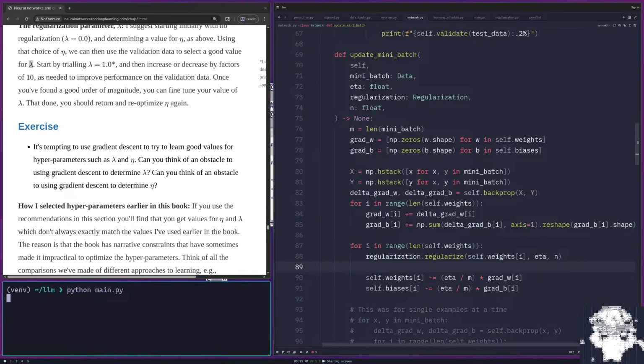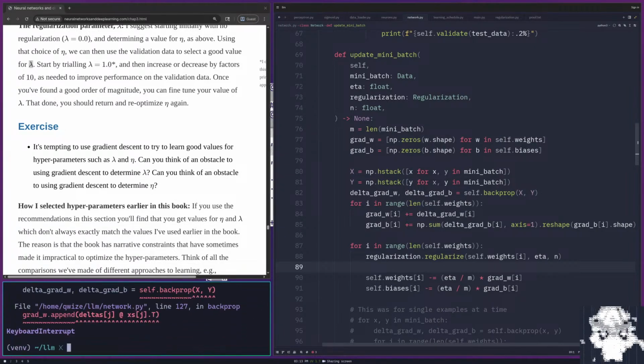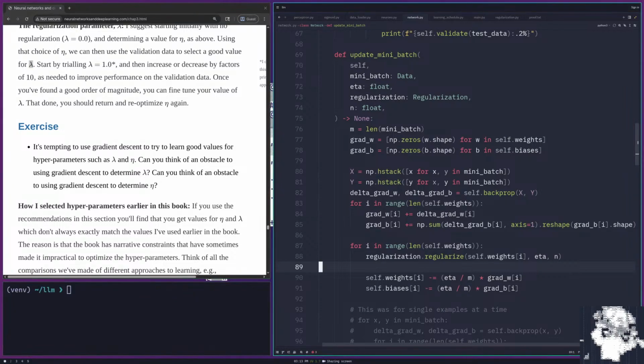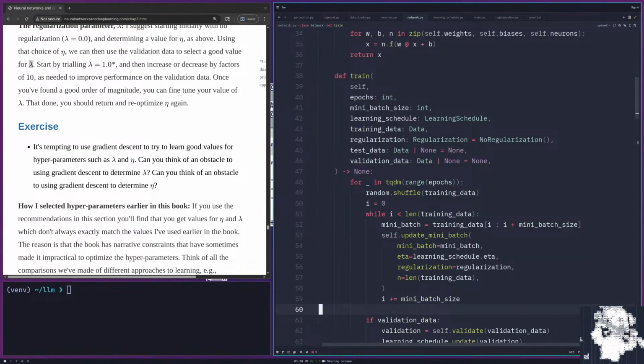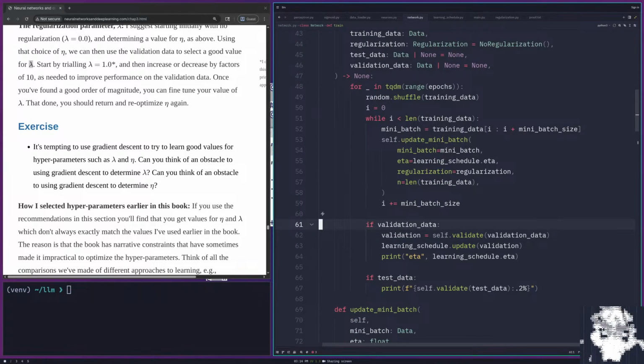Right? I think it's probably working. I'm surprised it didn't crash though, because I changed a lot of stuff.